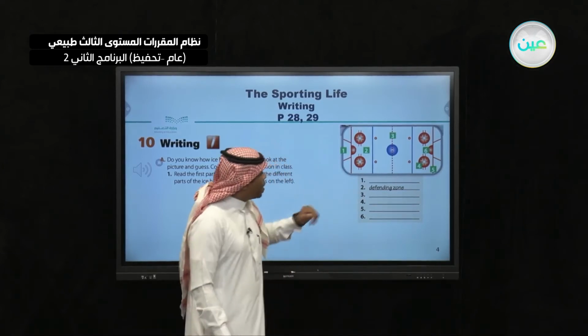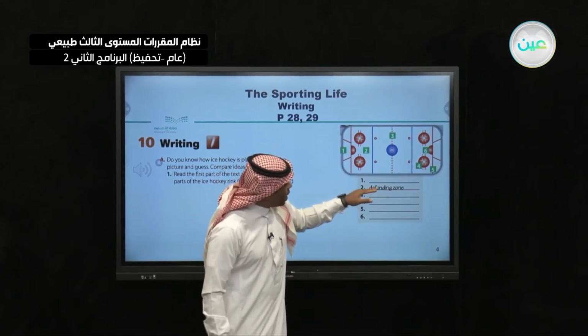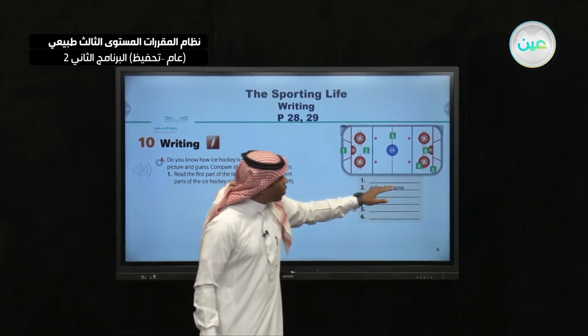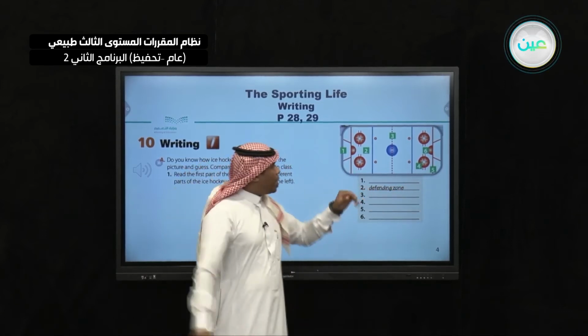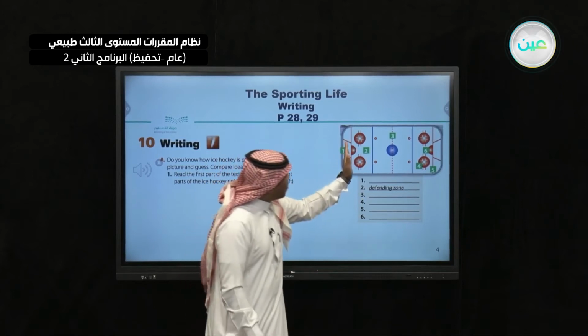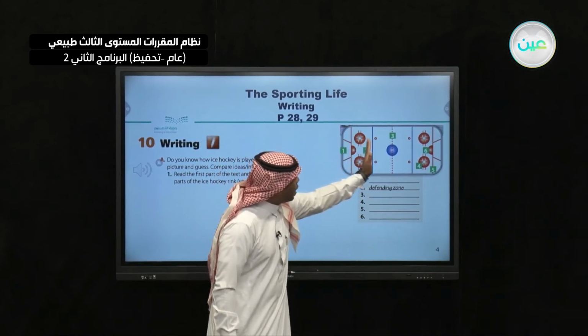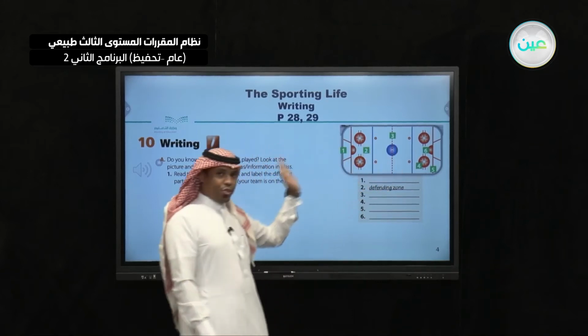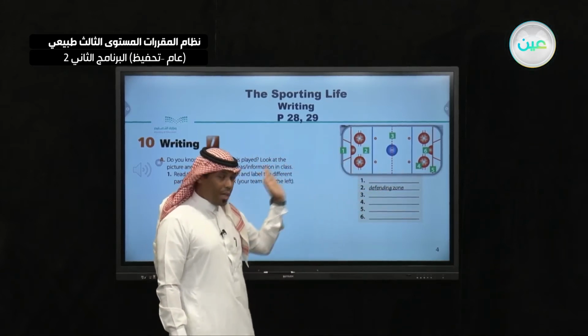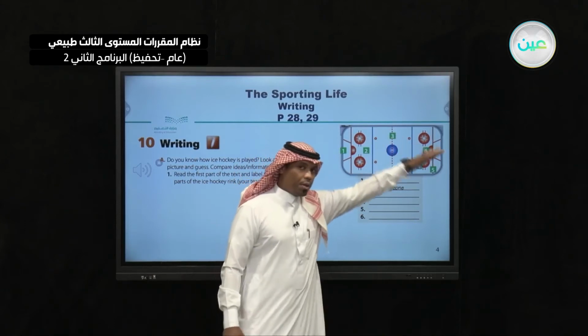Here he already gave us number 2. It's called the defending zone, between the red line and the blue line. Don't forget that you are on the left side, so the opponent is on the right.